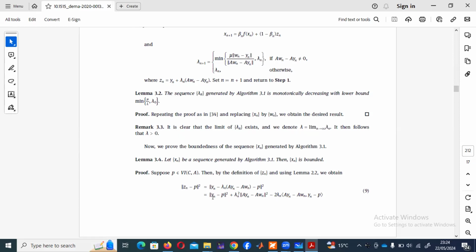If you don't know it yourself, it will be difficult. So what you do is just go over it step by step. Like here, they've said by definition of Zn and using lemma 2.2. Then you go to lemma 2.2. Sometimes the conclusion of those lemmas can be many, 3, 4, 5. So which of them has been used? You have to find that out.